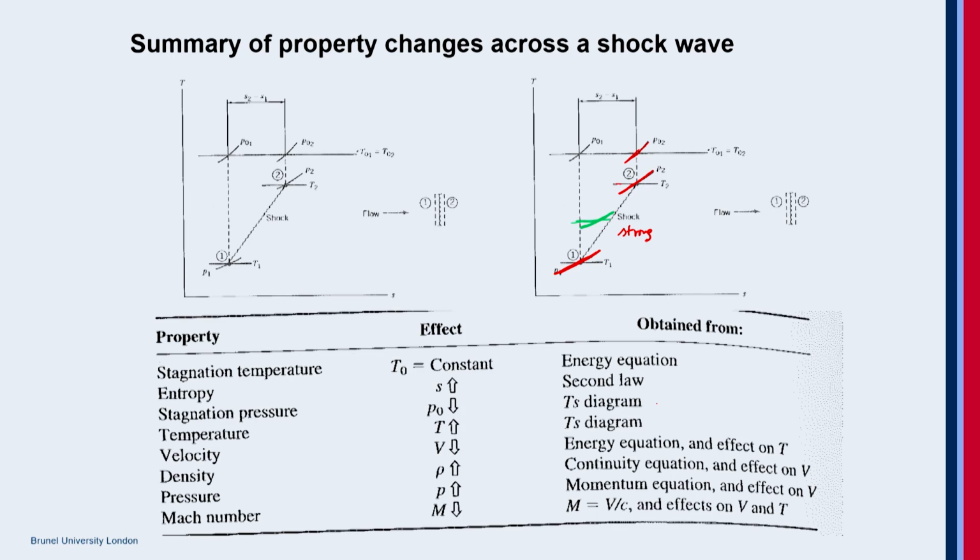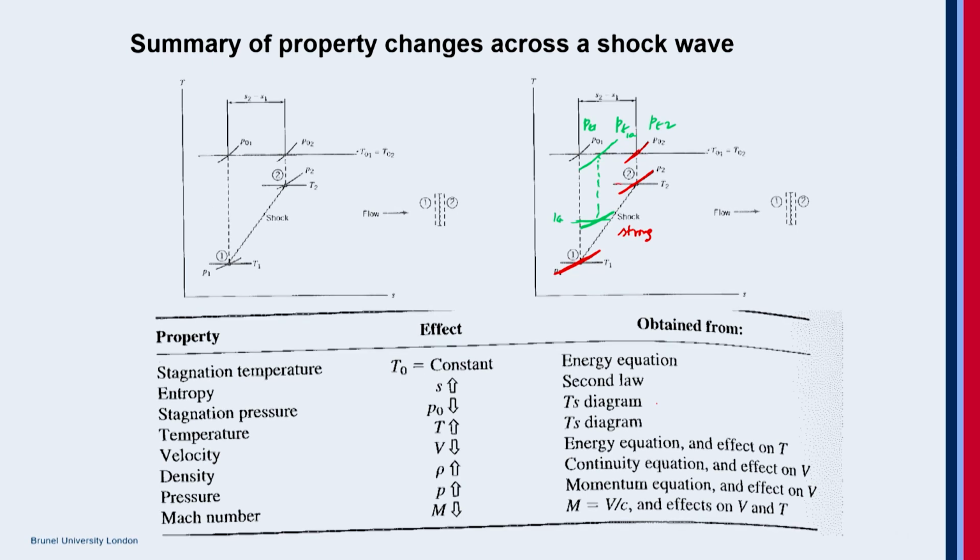So let's call this 1A, to avoid confusion. This is 1, this is 2. 1 to 1A, or we can call it 3 also. Now here is PT at 1A. So here is PT1, PT1A, PT2.